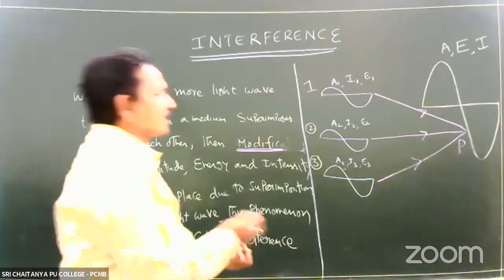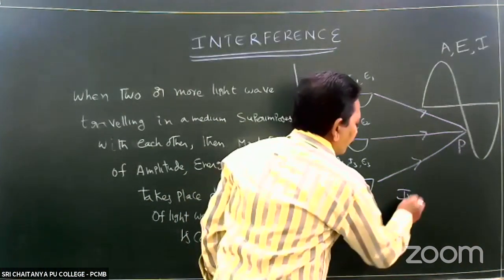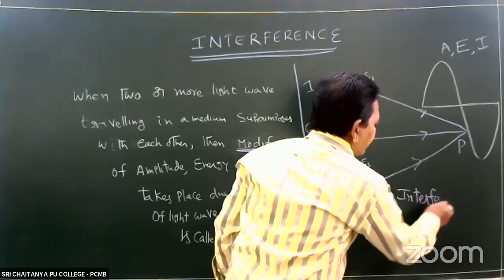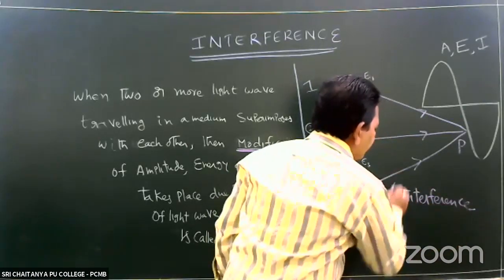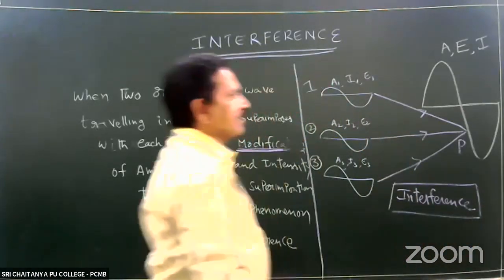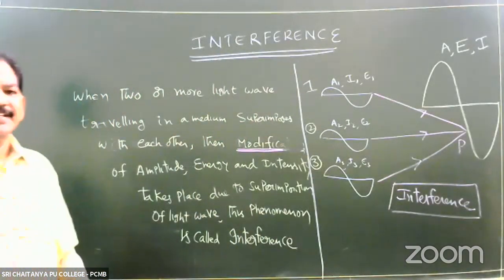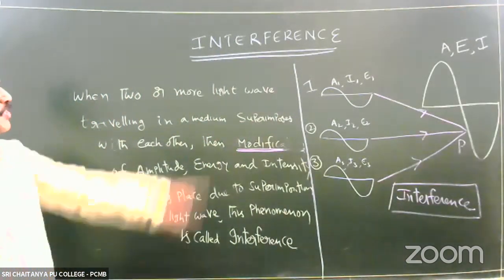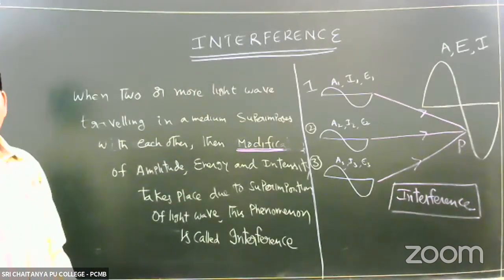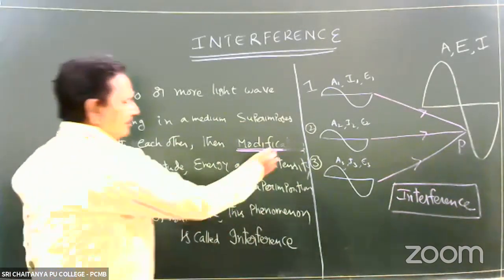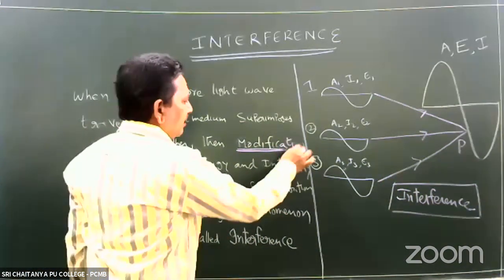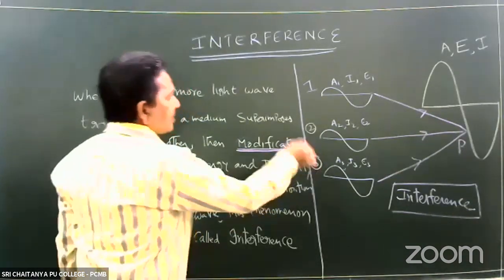The phenomenon in which the intensity changes, amplitude changes, and energy changes is called interference. We have to find the resultant amplitude, resultant intensity, resultant energy.